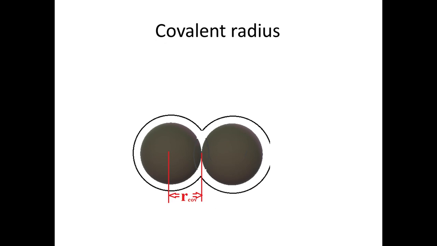So first we talk about the covalent radius. You can see here there are two atoms. It may be an S2 atom, it may be an O2 atom, it may be nitrogen, that is N2. So two atoms are bonded with the help of covalent bonds. First we talk about the diameter.